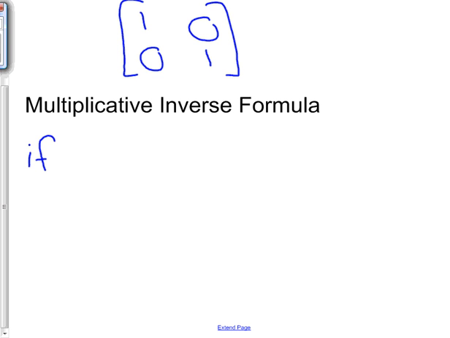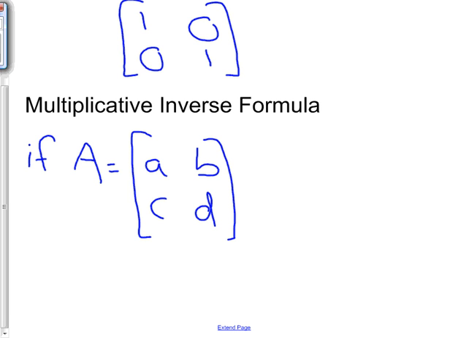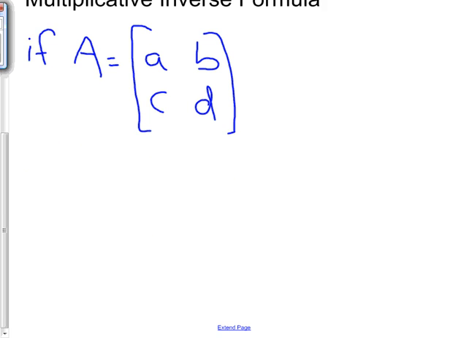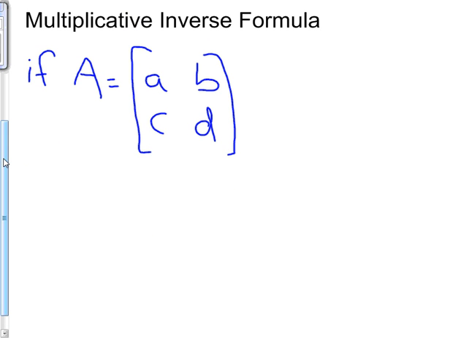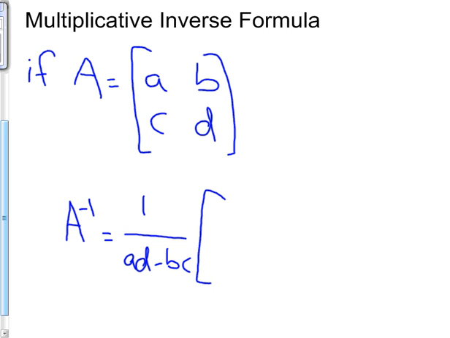We have a matrix A equal to A, B, C, D. The inverse of A is 1 over AD minus BC times the matrix D, negative B, negative C, A.